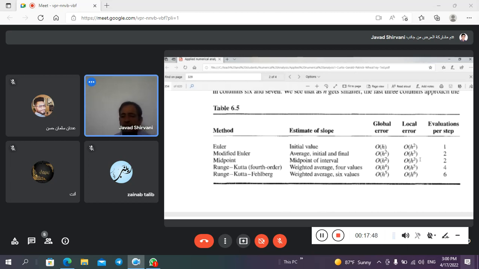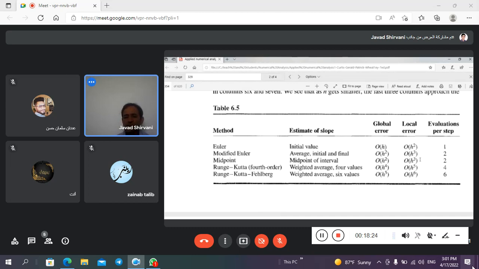different approaches. For example, for the Euler, we have the global error of O(h) and the local error for the first or single step. The local error, as I mentioned in a previous meeting, is related to the error for just a single step. For example, when you evaluate the value of y1 from y0, you have a local error.